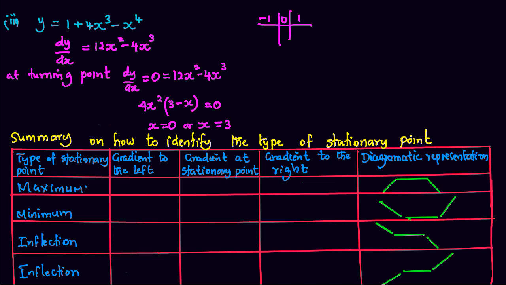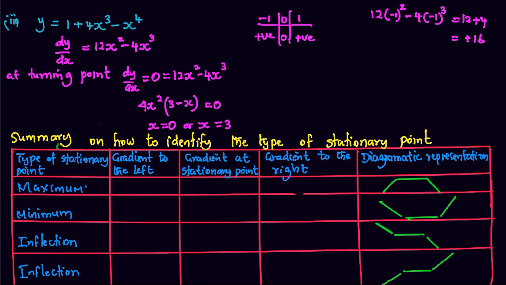Substituting into the gradient function, we'll have 12 into -1 squared minus 4 into -1 cubed.